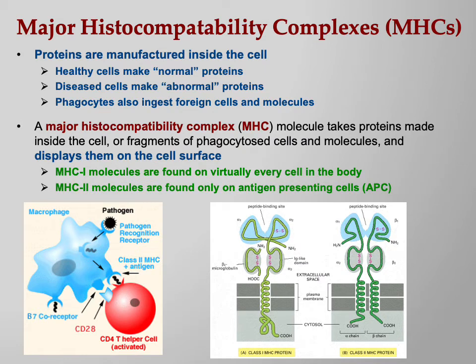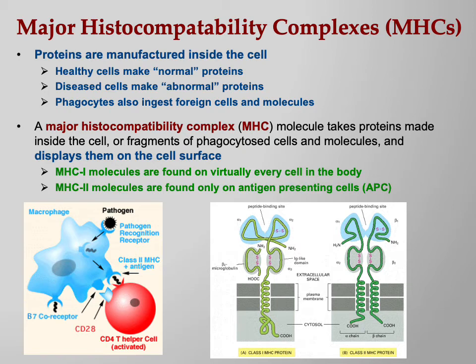Then there are also MHC2 molecules found only on antigen-presenting cells. So only APCs have MHC2s. And the reason APCs have those is, remember, what's the job of the APC? The job of the APC is to ingest bad guys and then alert the immune system that certain bad guys are here. Well, how does it alert the immune system?